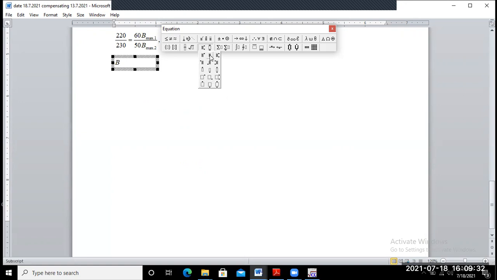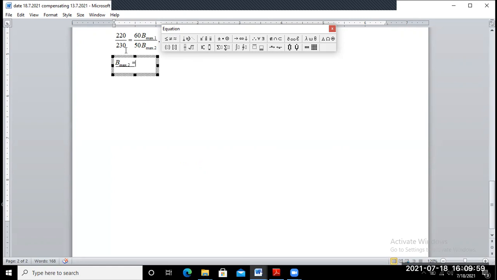B maximum 2 equal to 220 into 50, sorry, find out this term. This term goes to this side.